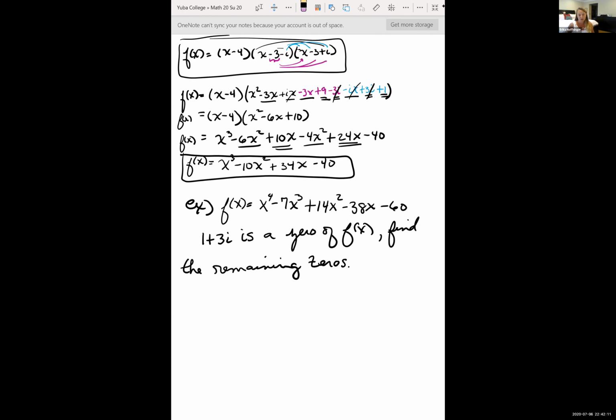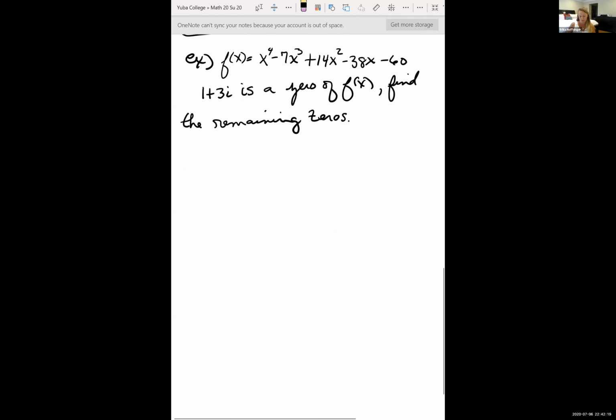So there's multiple ways that we can approach this. What I would do is, knowing that I have a 0, 1 plus 3i, I would use my synthetic division. I would know that when I use my synthetic division, if 1 plus 3i is a 0, my remainder has to be 0.